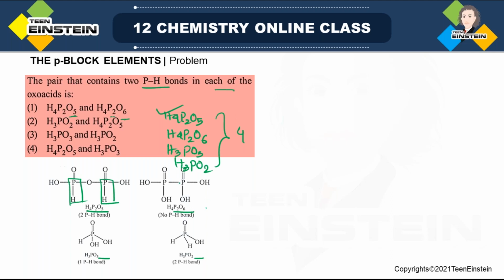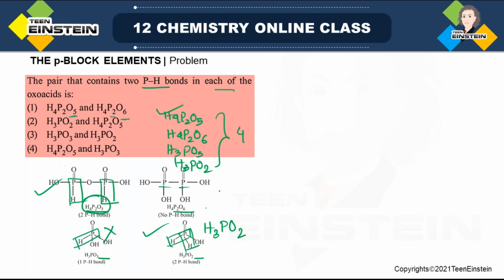And here we have only a P-P bond. Then 1 P-H bond, so this is also not correct. This one is fine, this one is fine. So basically H3PO2 and H4P2O5: if these 2 compounds are present together, that will be the correct option.